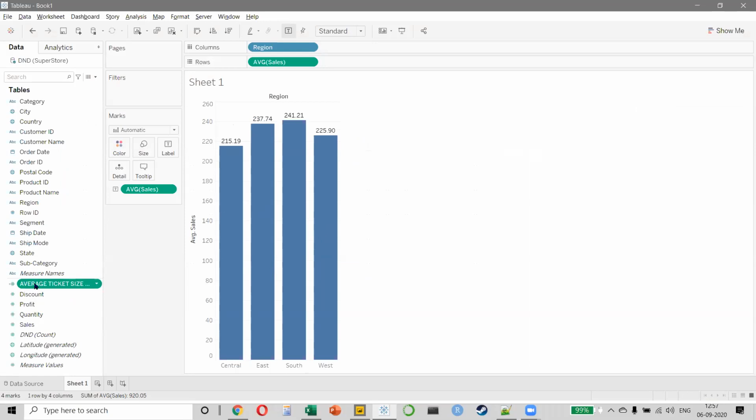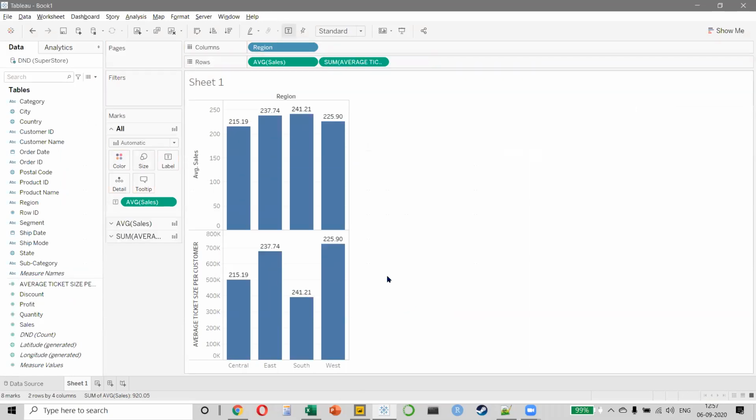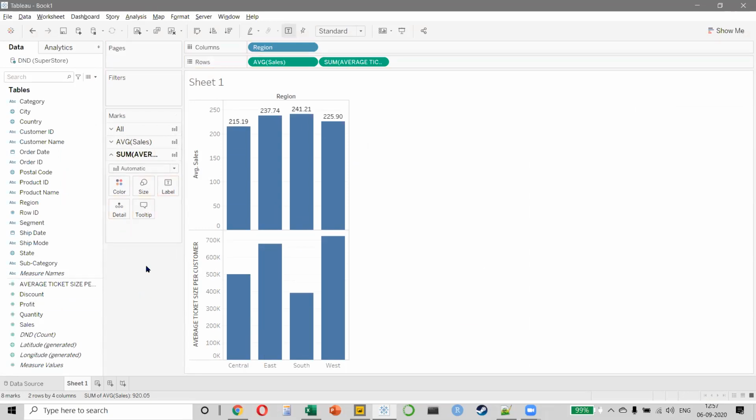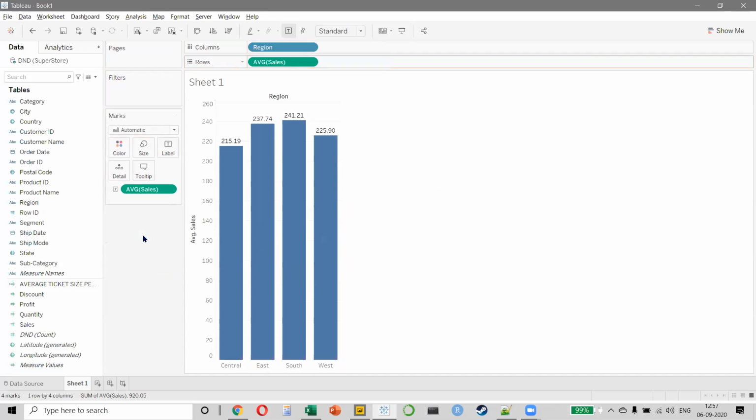So we will put this in rows, but we need to change something, okay? So what we will need to do here is, I will now go to my second chart, right? And I'll remove the sales because I want to keep my average ticket size. Just a second.